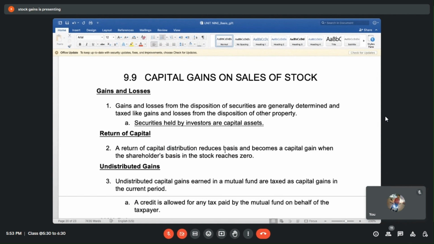Because maybe they gave $10,000 back, so the $50,000 basis gets reduced to $40,000. But that's not income. Once the basis reaches zero, and they are still giving some distributions, then that's extra. That is much more than what we have put in, which is our capital. So obviously this would come up as taxable income.